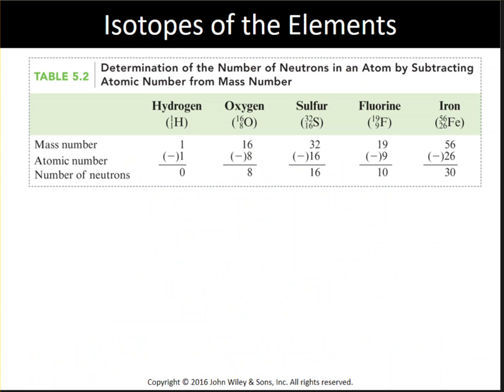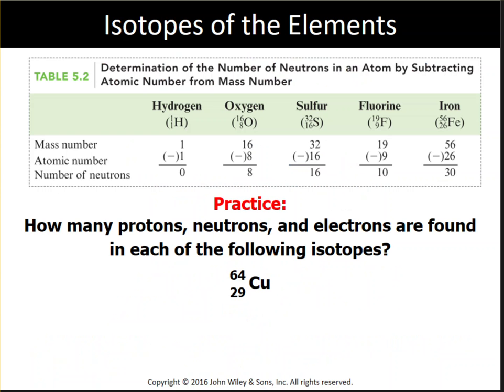So let's practice and see how we can find the number of electrons, protons, and neutrons. Let's look at copper 64. Just the way it's written, it tells me that it's an isotope of copper. It tells me that copper has different isotopes, and I read it as copper 64.